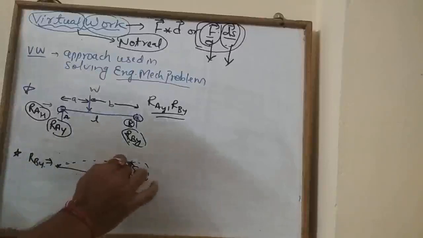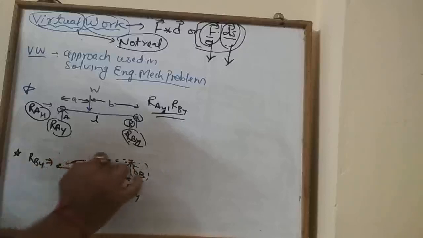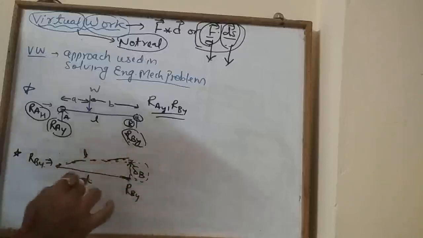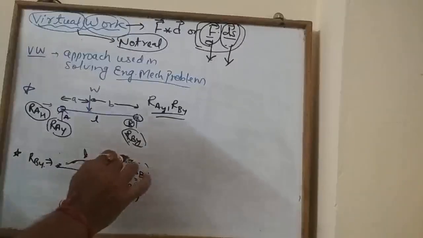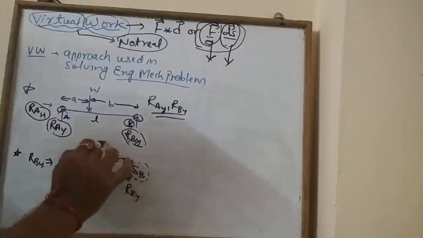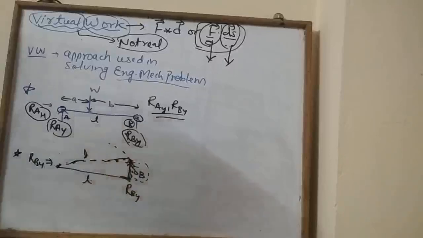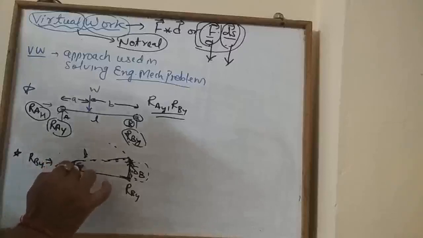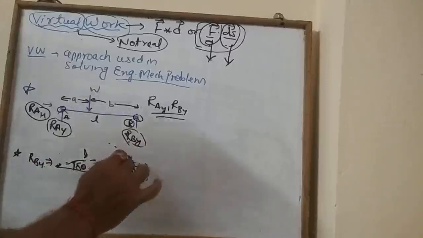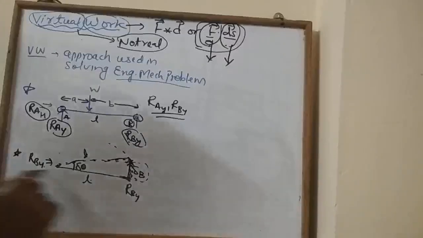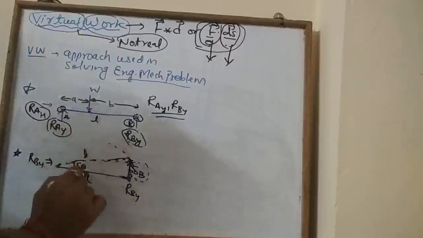So the displaced position of the rod will be like this. Now since this is L, this is also L. So this is actually a radial displacement, but we'll be considering a straight line because this delta theta is very small. This is delta theta. This delta theta is very small, or this delta B is very small. Now the point of application of W as an external load.